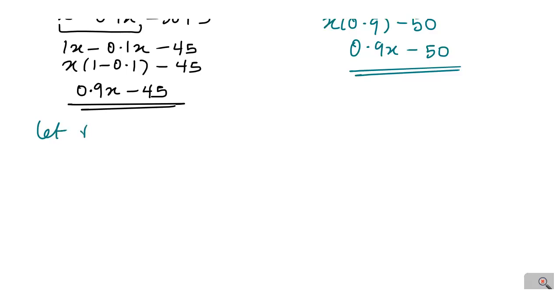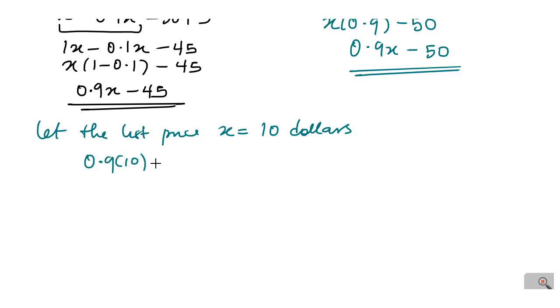But let's check. Let the list price x be an arbitrary number. Let's say it is $10. If the list price is $10, let's plug it into quantity A. We have 0.9 into bracket 10 minus 45. 0.9 times 10 is 9, minus 45 gives us minus 36.